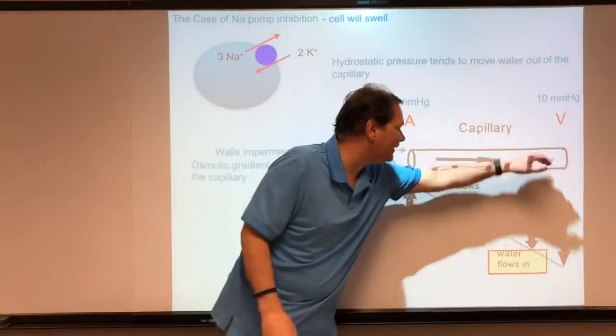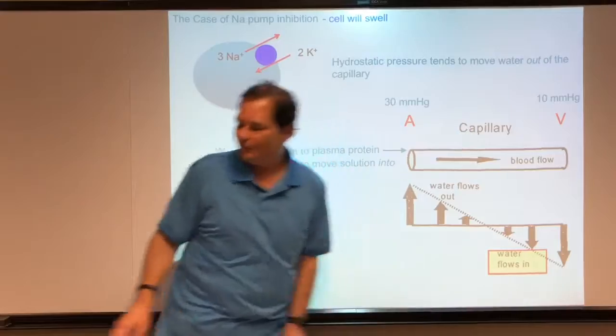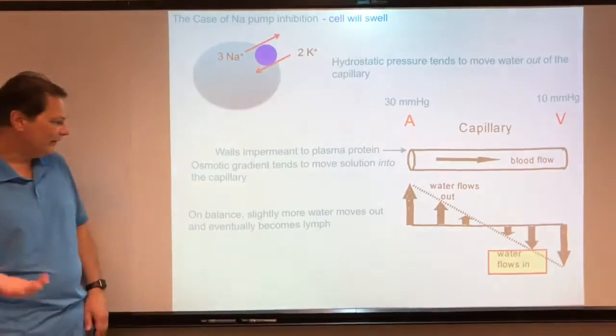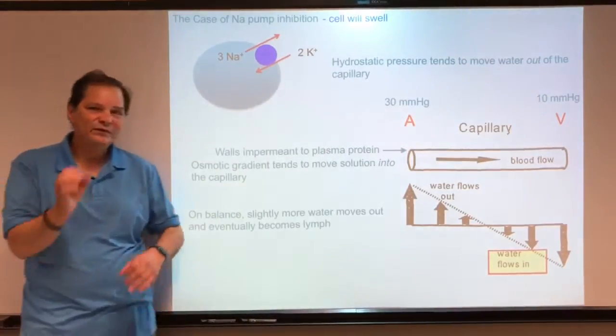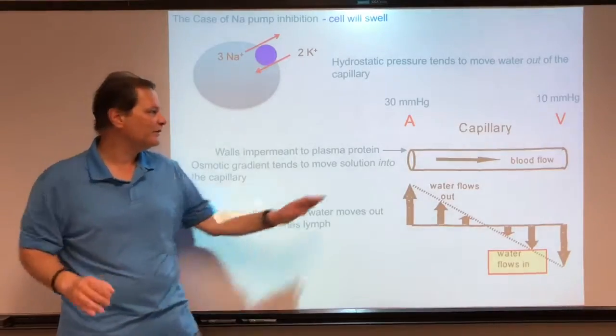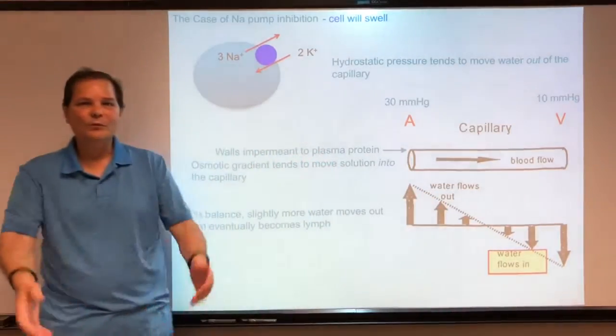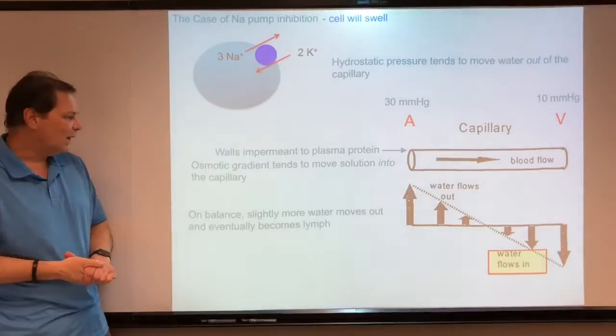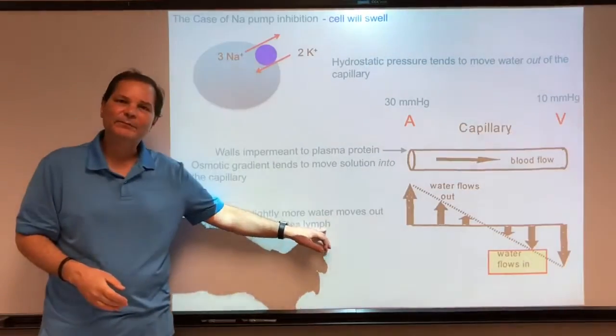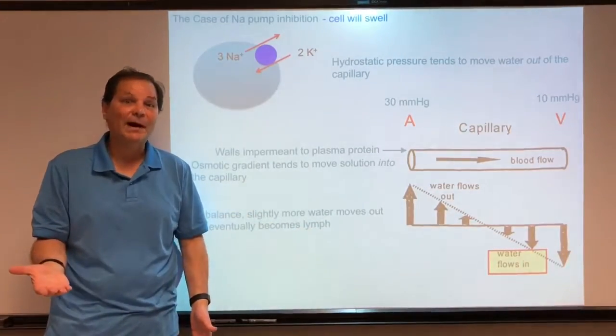So we have a net movement of water into the capillary on this side, okay? On balance, you move slightly more water out across this entire capillary than you move water in. And so that eventually becomes lymph, okay? And that's where your lymph comes from in your body.